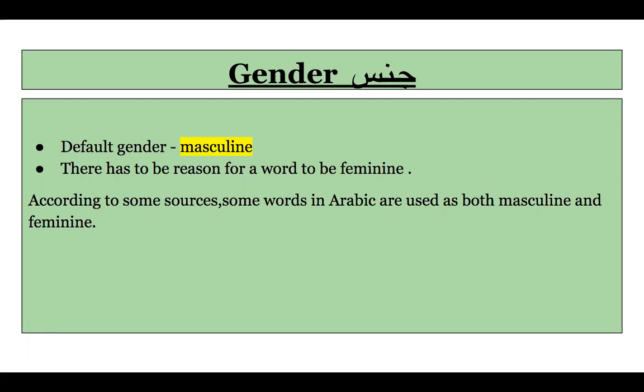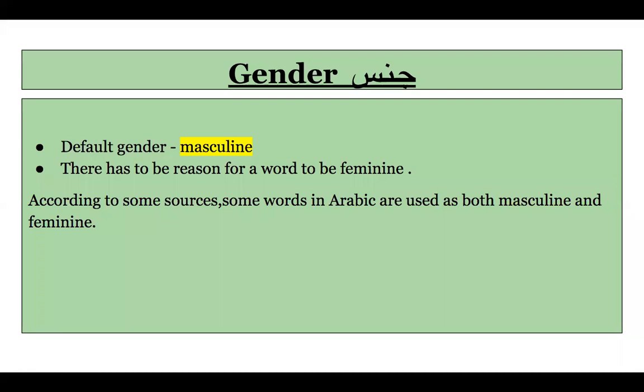I don't think it will be confusing, since it's not a very common opinion. I would say only one source says that there are some words that belong to both categories. Otherwise, every book says that you can easily categorize your words under masculine and feminine, okay?